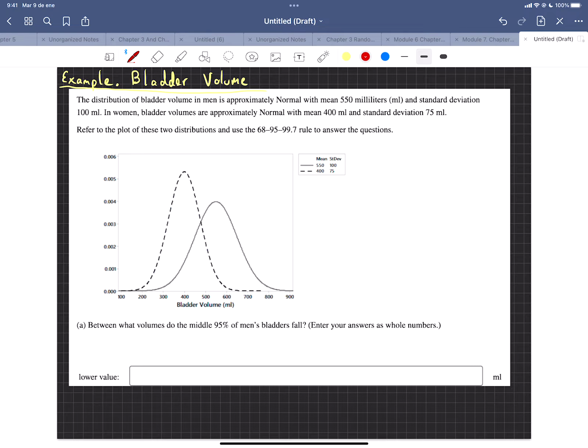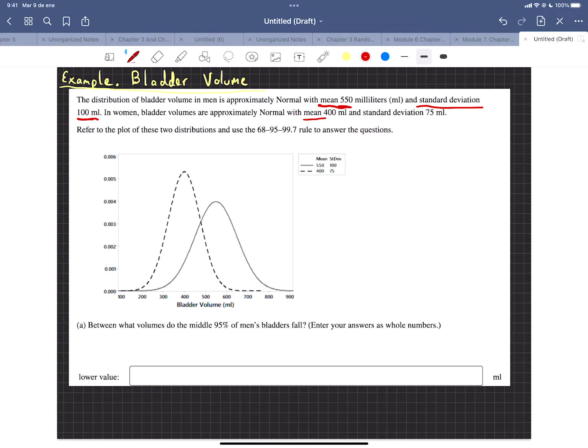Now, another example. The distribution of bladder volume in men is approximately normal with, notice, we're going to be given the mean and the standard deviation. Mean 550, standard deviation 100. In women, we have two data sets, for men and for women.